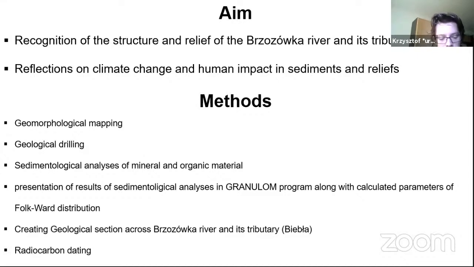The main aim of this presentation is the recognition of the structure and relief of the Brzozówka River and its tributary Biebła, and also the reflection of climate change and human impact in sediments and relief.